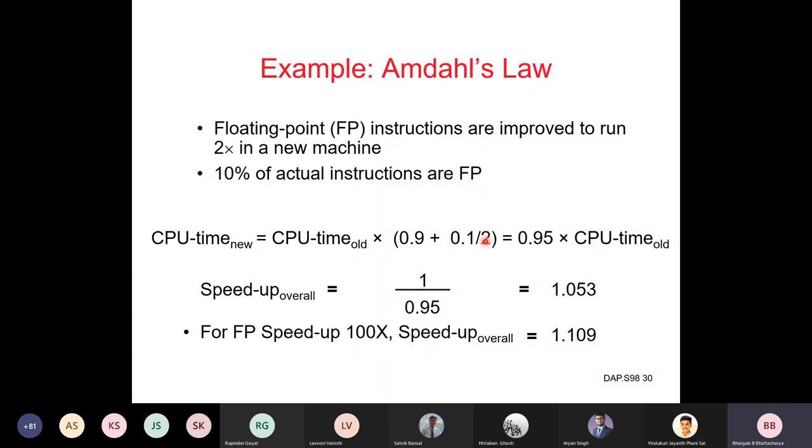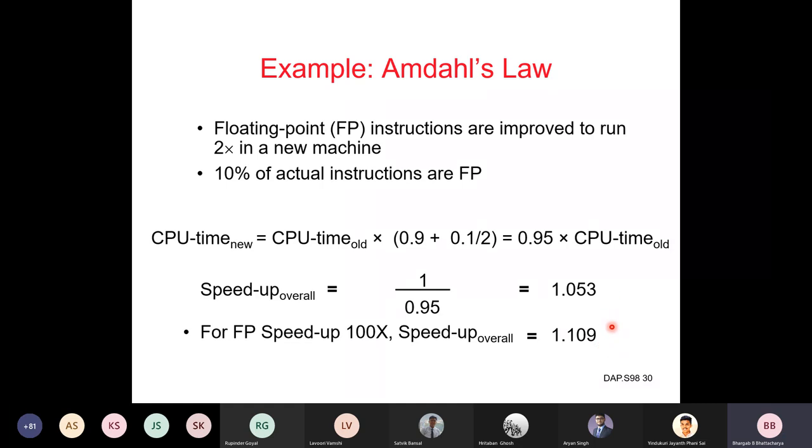So instead of 2 here, you would have 100 here. So even though the floating point component has been improved by a factor of 100, see the new speed up is only this. Previously, when the floating point component was improved by a factor of 2, the overall speed up became 1.053. By improving this by a factor of 100, it becomes 1.109.